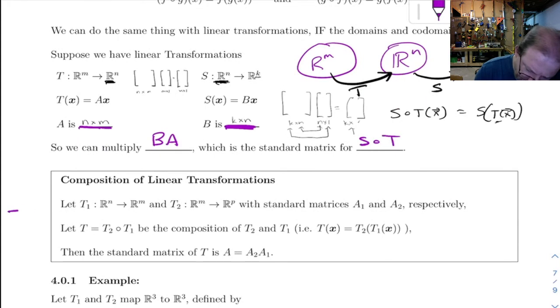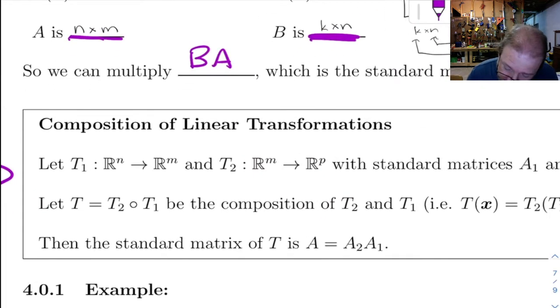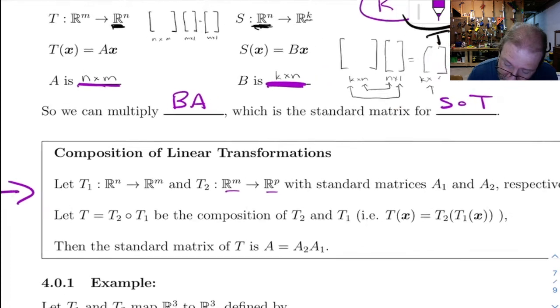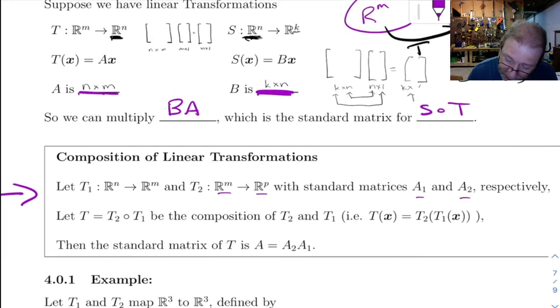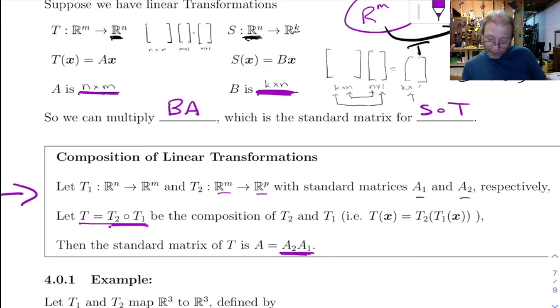All of that is summarized here in this box. If T1 is a transformation that goes from Rn to Rm, and T2 goes from Rm to Rp, and their standard matrices are A1 and A2 respectively, then you can define T as this composition, and the matrix there is going to be A2 A1.